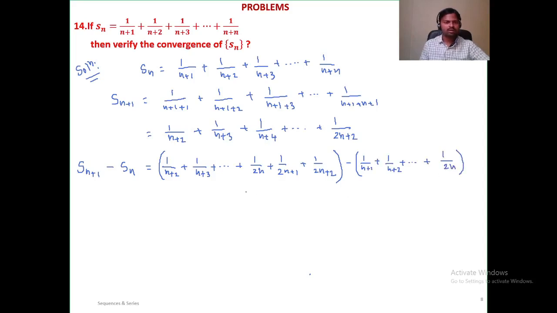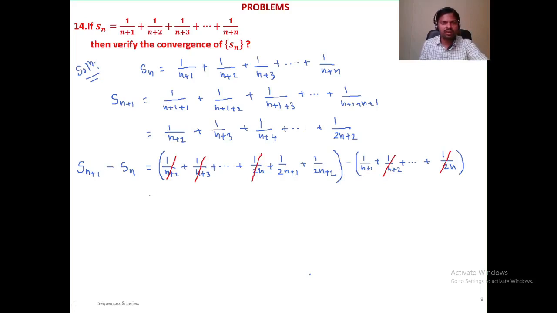Now you observe the terms. Look at minus 1 by n plus 1, it is not getting cancelled. Which ones will get cancelled? Minus 1 by n plus 2 cancels with plus 1 by n plus 2. Plus 1 by n plus 3 cancels with minus 1 by n plus 3. And 1 by 2n minus 1 by 2n, out. Understood? So what is left now? Only these two terms and the first term here.